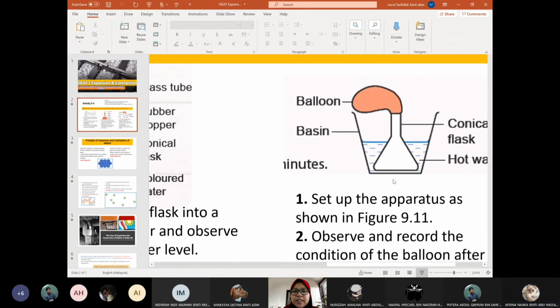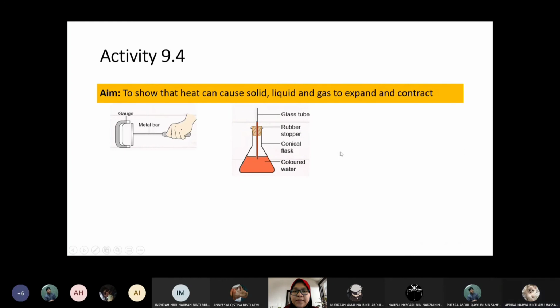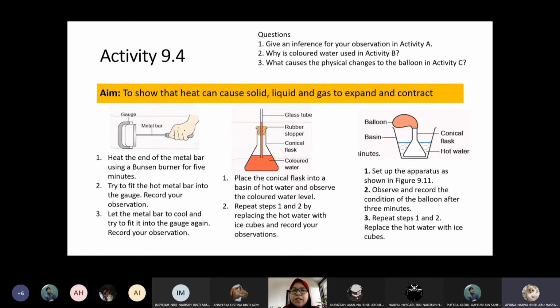Okay, the next question is, what causes the physical changes to the balloon in activity C? Okay, what is the physical change of the balloon? The balloon expands. Right.